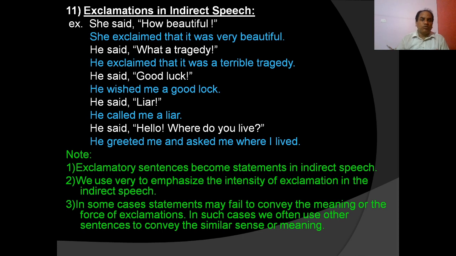You see, we have to remove the comma and inverted commas and there is no more an exclamation. Exclamatory sentences become statements in indirect speech. She exclaimed that it was very beautiful. We use very to emphasize the intensity of the exclamation in the indirect speech.